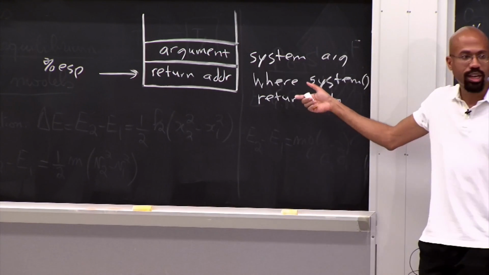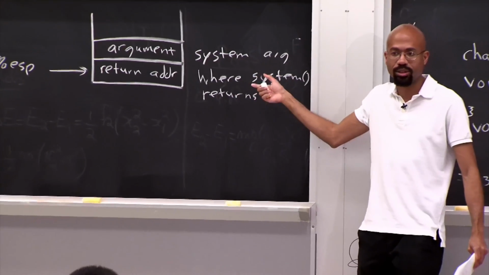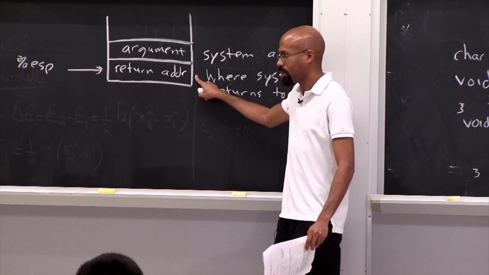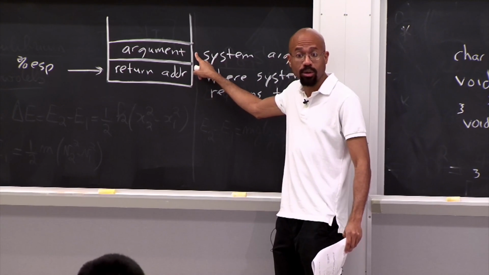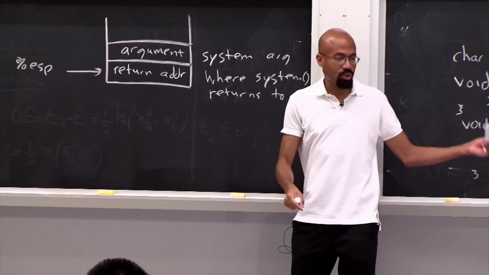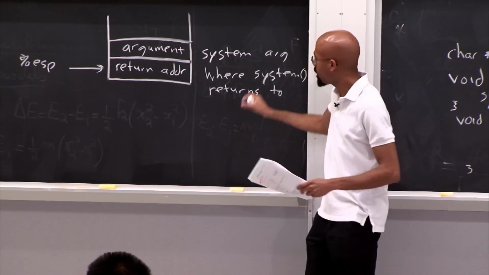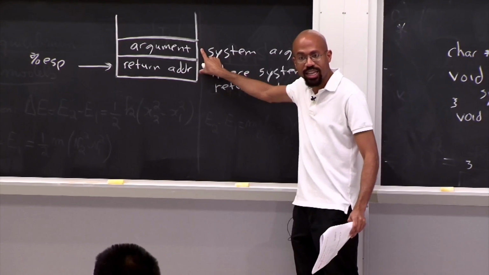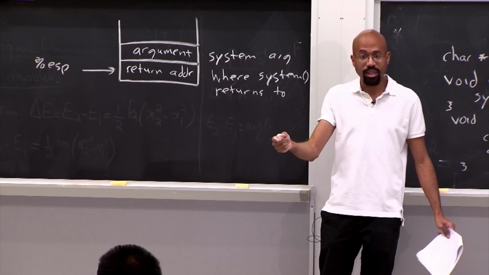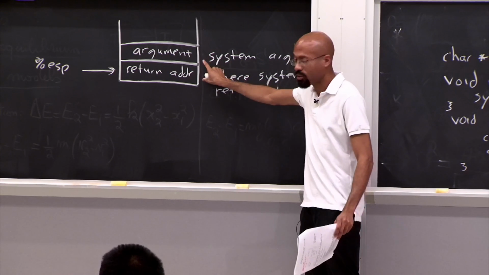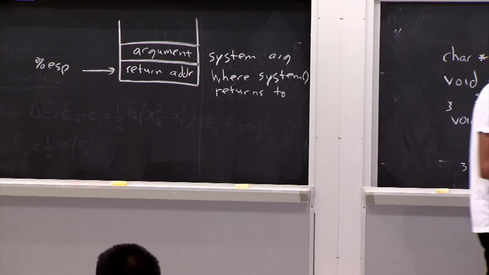Right? So this is what system expects the stack to look like right before it starts execution. Right? It's going to say, this is where I should go when I'm finished. This is the thing I should consume as my argument. Right? In the past, we've been assuming that there were no arguments being passed to functions, but now this is a little bit different. Right? So basically, we just have to ensure that this thing is in that overflow code that we create. Right? We just have to make sure that this fake calling frame is in that array.